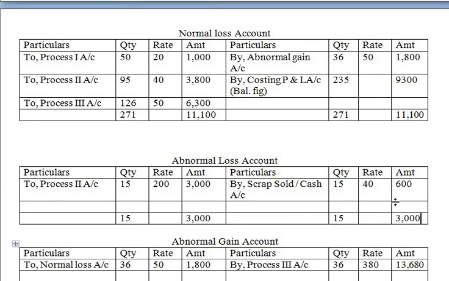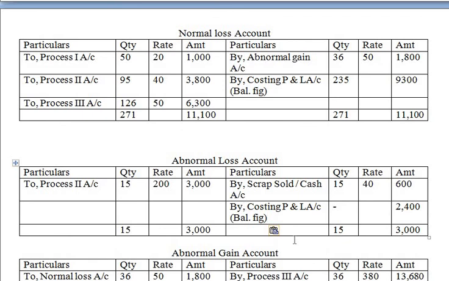There will be no units available, but whatever balance of amount is there, that is 2,400, that is also transferred to costing P and L account.